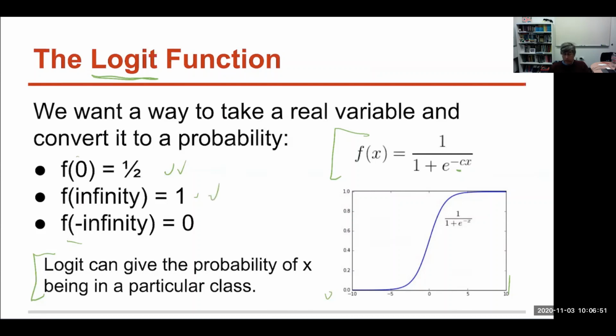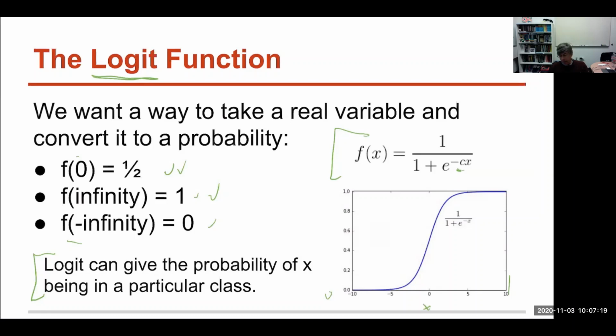When x is very, very negative, the negative of the negative is going to be a positive. E to the big number is going to approach infinity. So 1 over that is going to approach 0. Okay? So the logit function has the properties that we want for giving us a probability as a function of x.